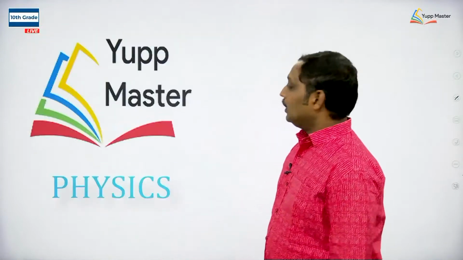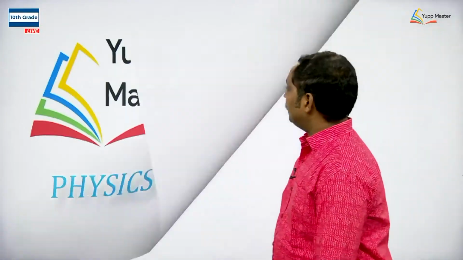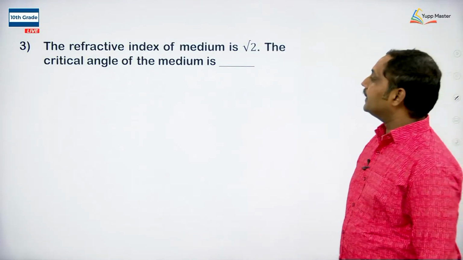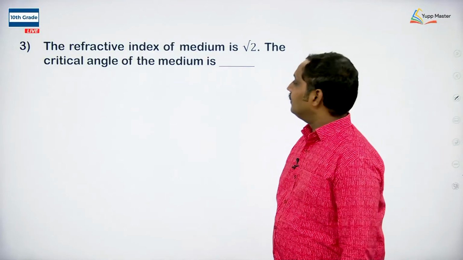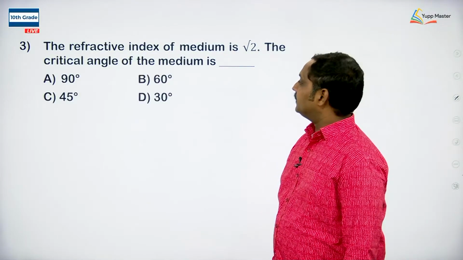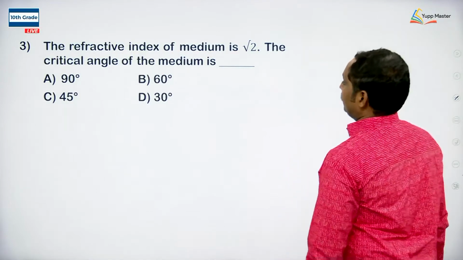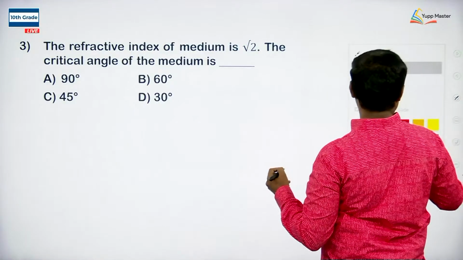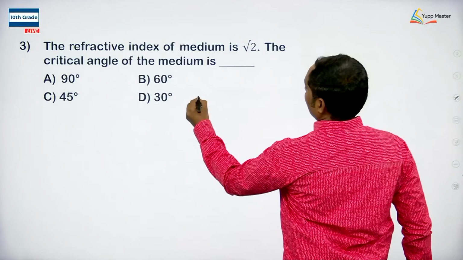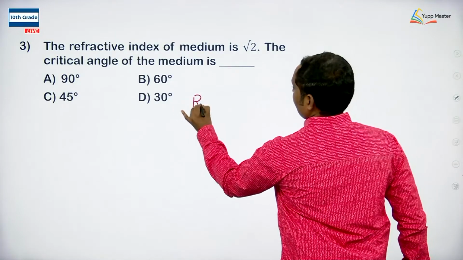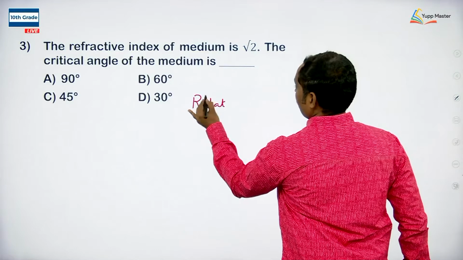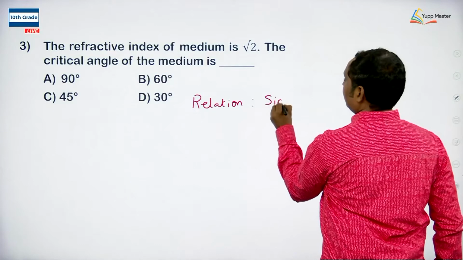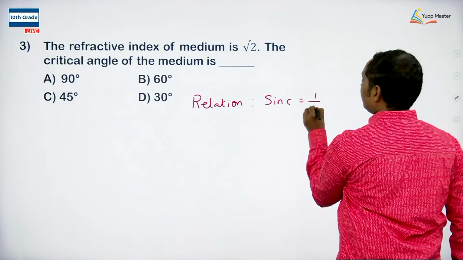Have a look, we need to take problems based on the critical angle. The refractive index of a medium is root 2, find the critical angle of the medium. First of all take the relation, that is sin C is equal to 1 by mu.